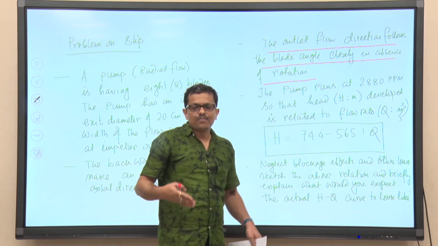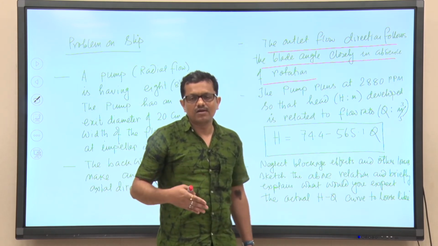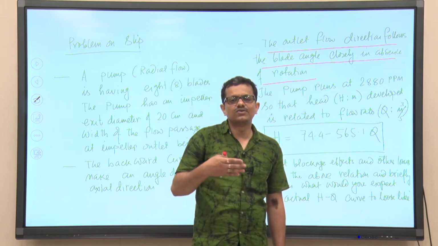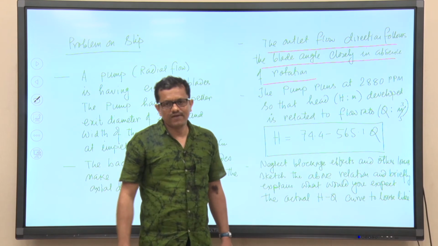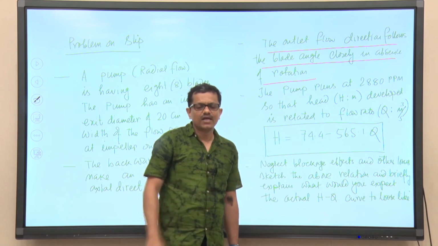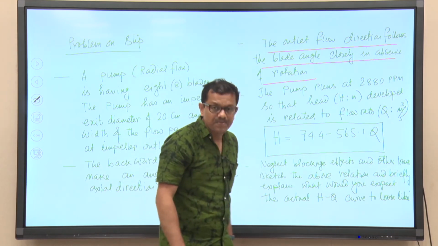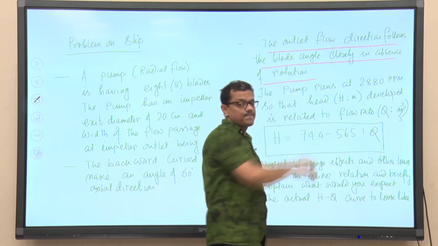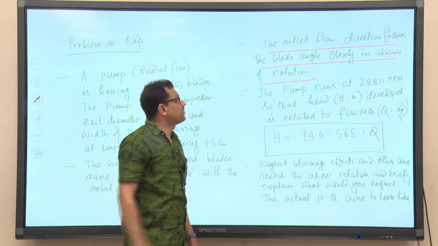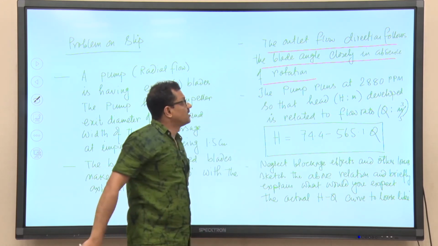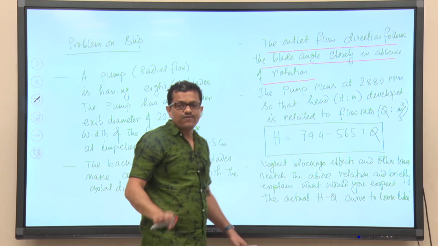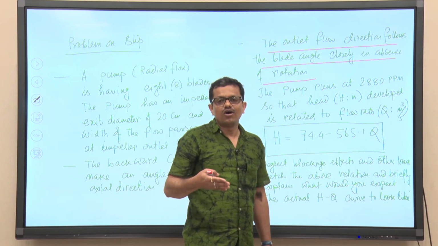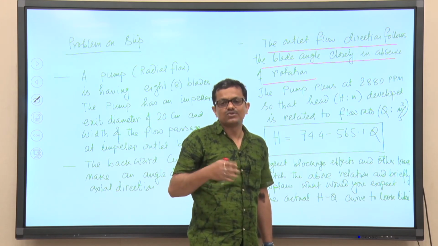But the purpose of installing a pump in a pumping station is definitely to develop head. To develop head the pump should rotate. So if the pump rotates, then perhaps the outlet flow direction will not follow the blade angle, and that is an indication of slip that we should consider.